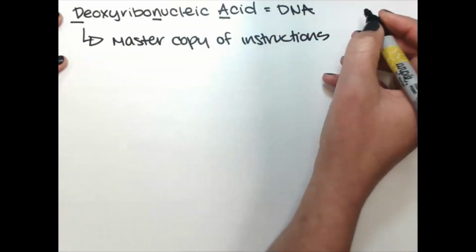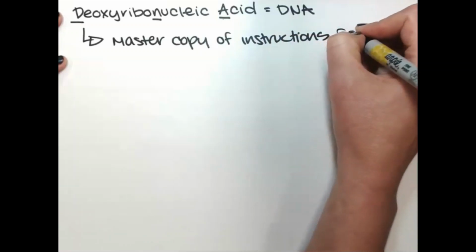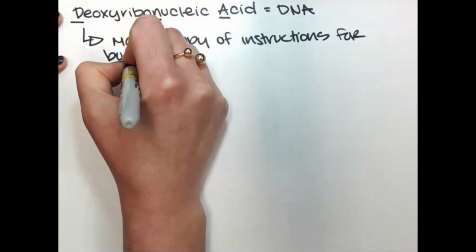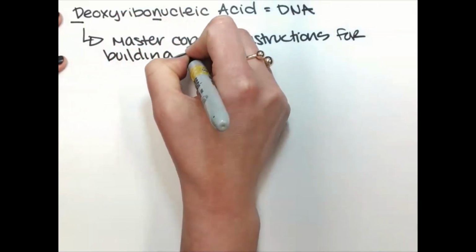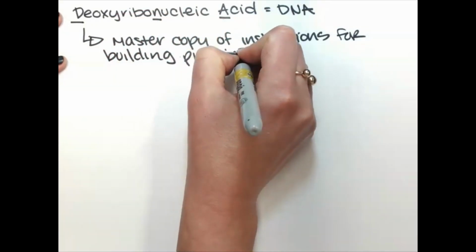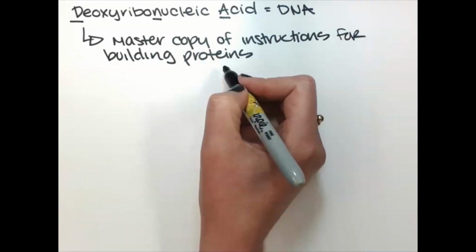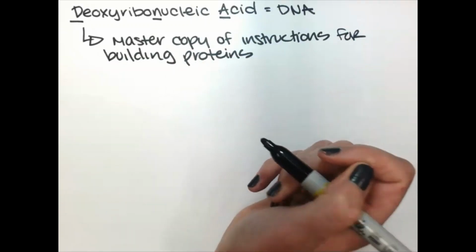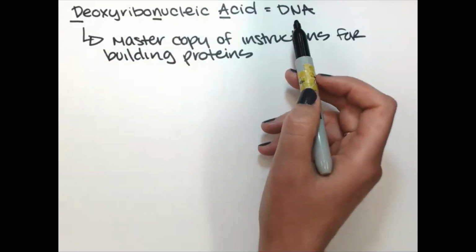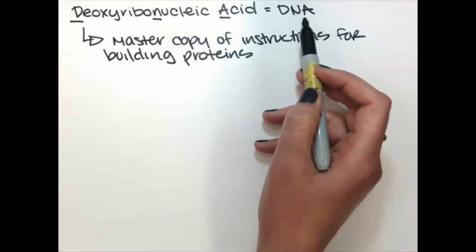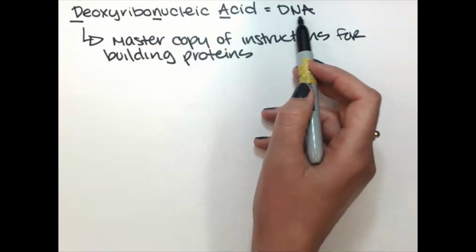And those instructions are for building proteins. Now, the proteins are the ones that really do all the work in a cell. But the DNA gets a lot of credit because without it, you couldn't make protein. So it's your genetic material.